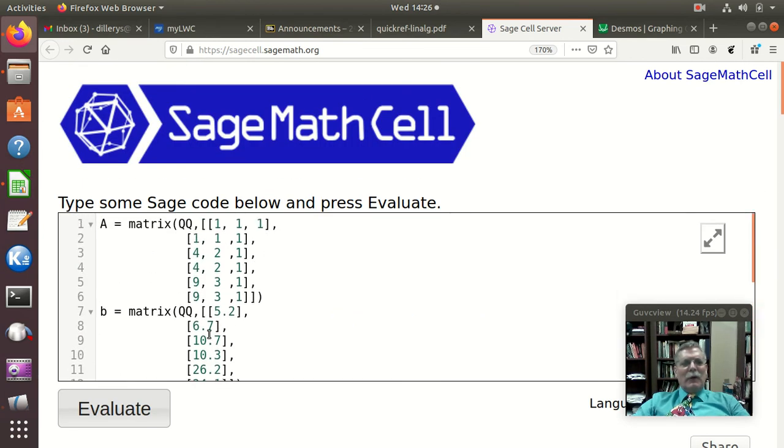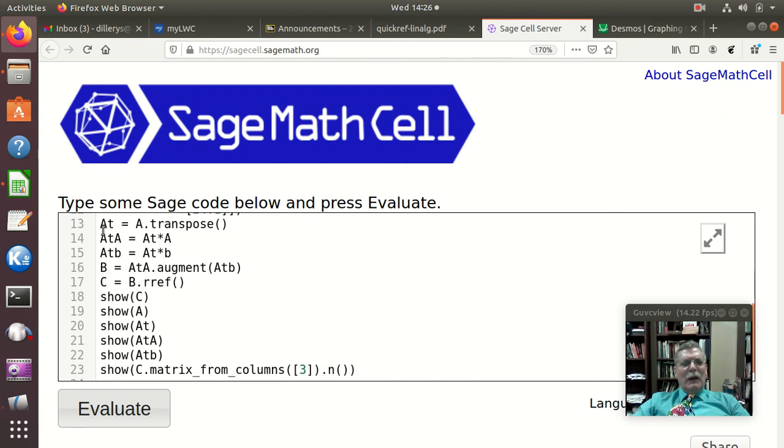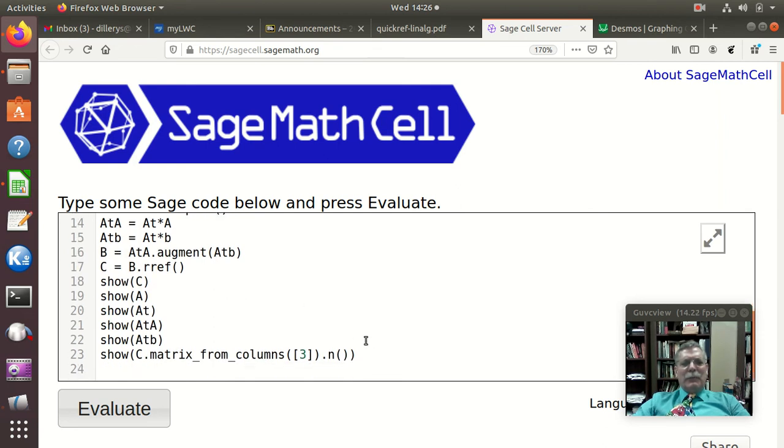I put in the two matrices, and I do the multiplying by the transpose, and get the two sides. I can augment them. Now I could also solve this system back here with A transpose A and A transpose B. We're doing it by reduced row echelon form, but let me try to do this without looking here.